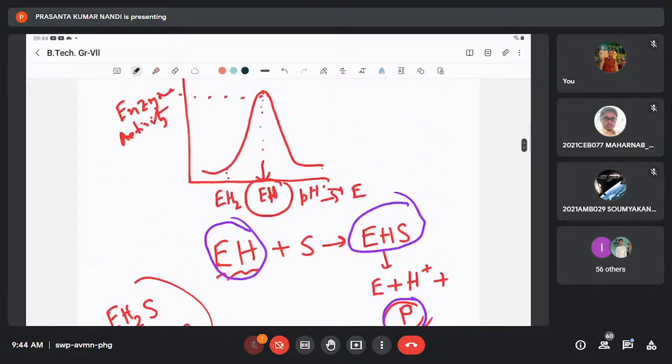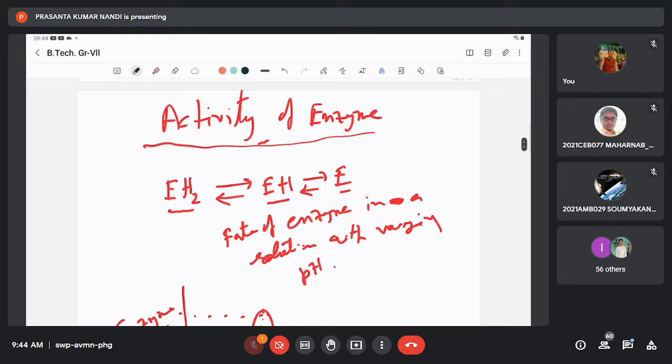Now another important aspect is what is the activity of enzyme. That is another important aspect that we can discuss. Suppose you are carrying out an enzyme catalytic reaction in, say, an aqueous medium.